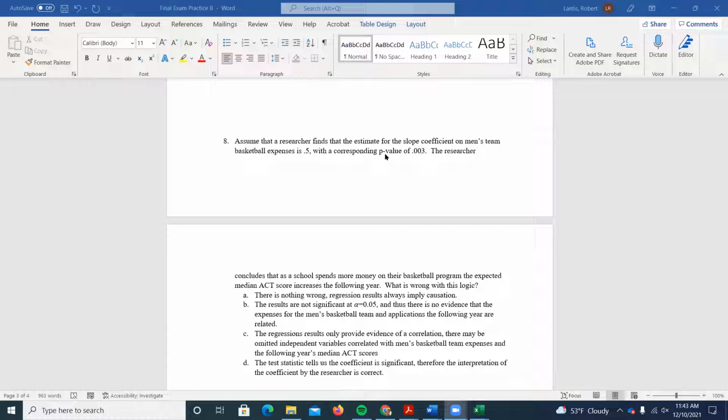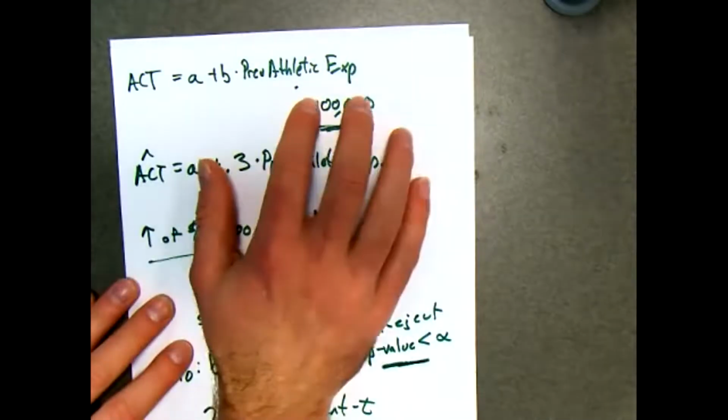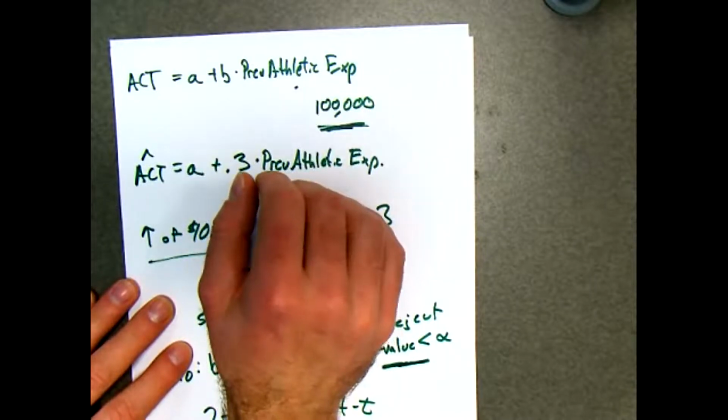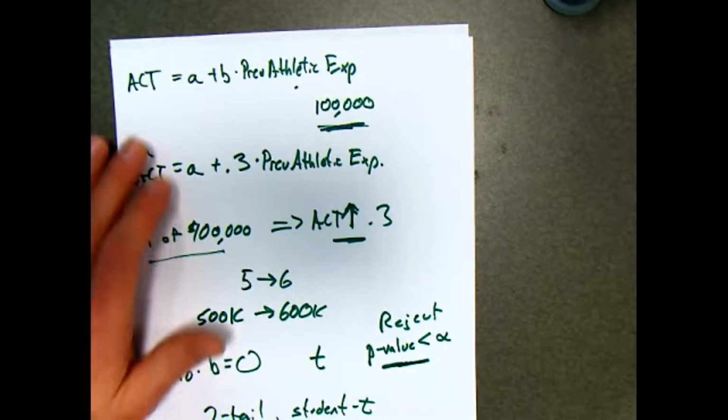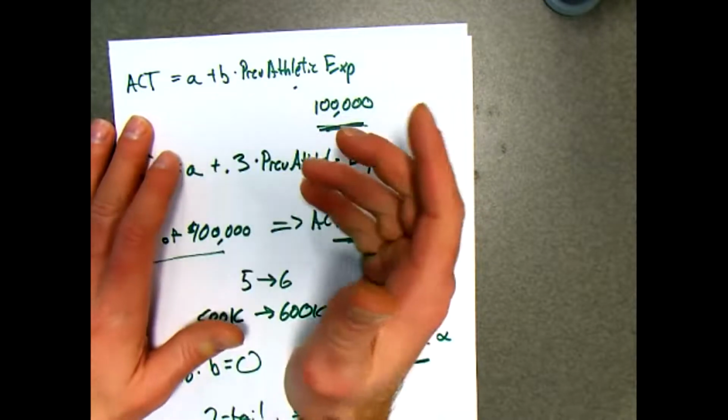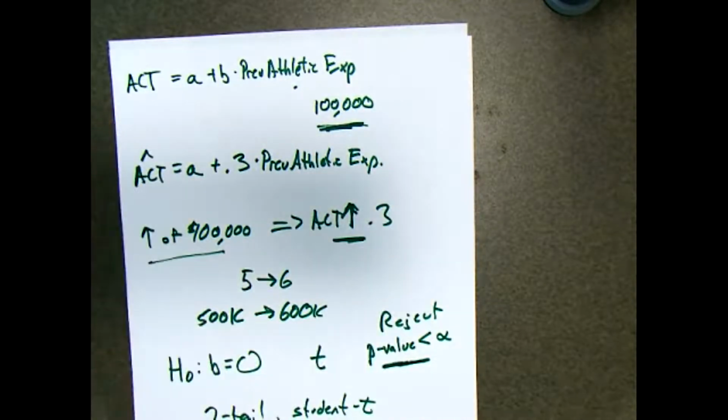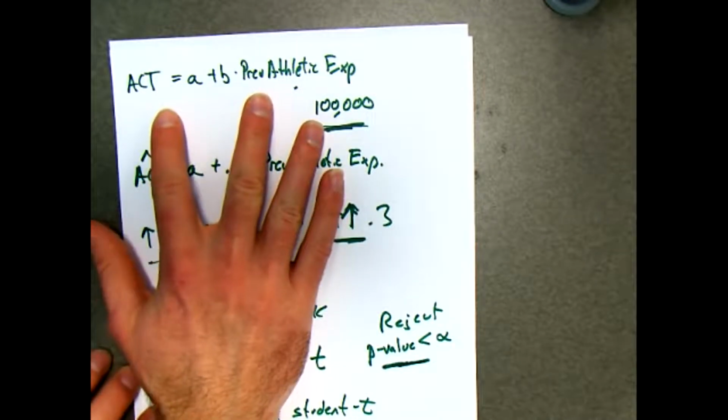Well, this is where we have to be careful, where these aren't causal relationships, they're just evidence of a correlation. Especially when we run something naive, where we don't include any control variables, we're not holding anything else constant. We might be getting a biased estimate. It could be some outside omitted variable that's actually causing both of these to change.